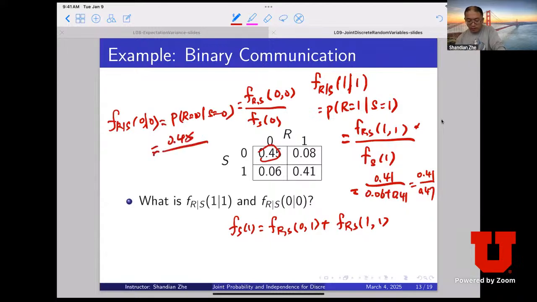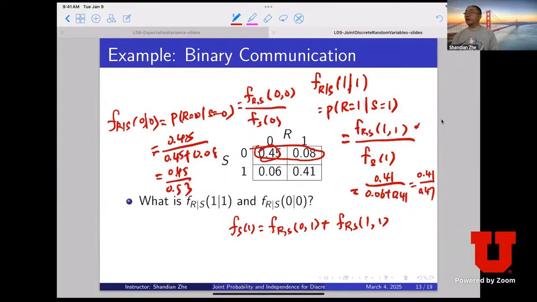So what's the marginal density of S at 0? Can anyone read for me? Yes, it's 0.45 plus 0.08, right? You just add the first row, and that gives you the marginal density, which eventually gives you 0.53, right?